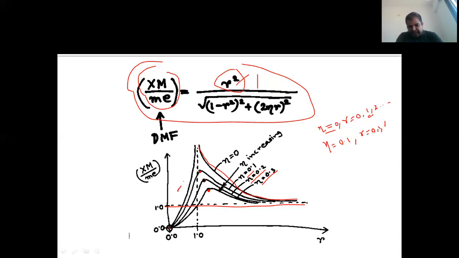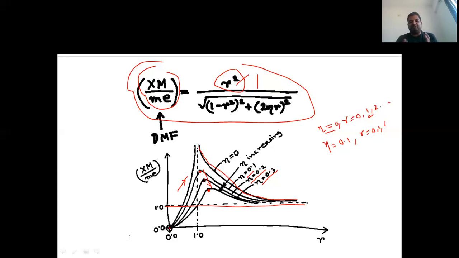Previously, the peak increased in this way; here the peak goes in this way as I increase the value of eta. In the previous case, as I increased eta, the peak value increased toward the leftward side of 1. This is the difference between this DMF and the previous DMF due to one eccentric mass.